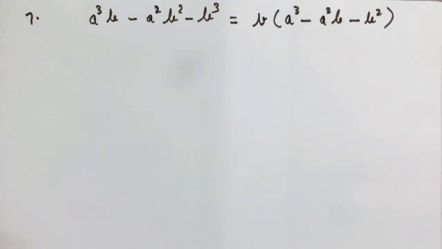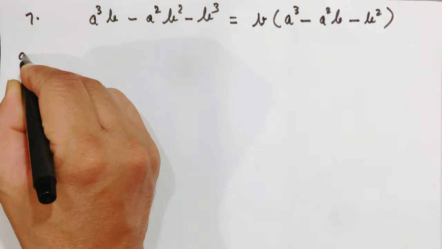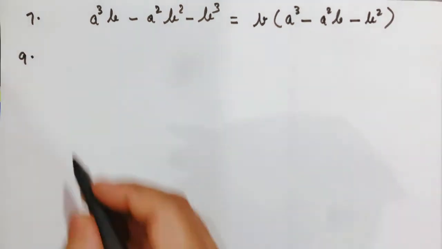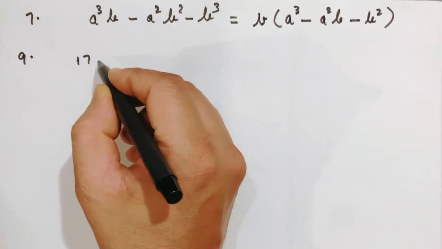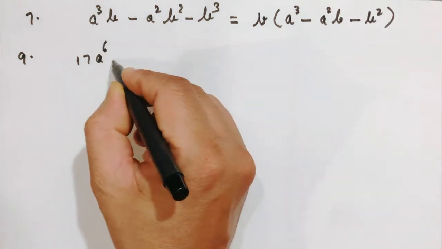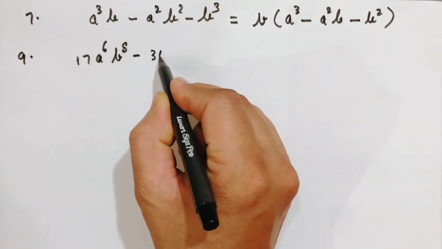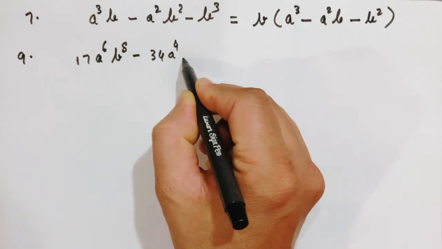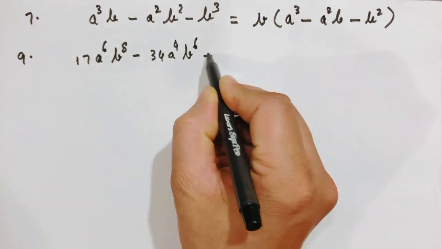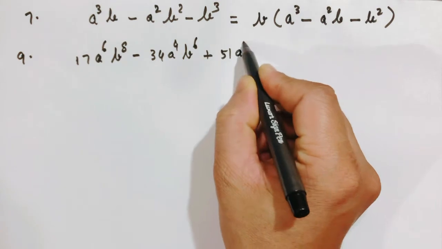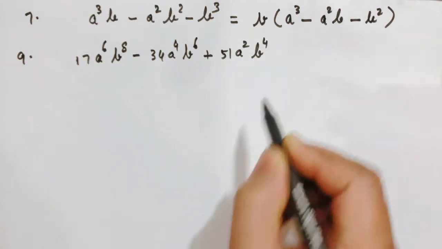Let's increase our level to number 9. Okay, number 9, not 8. 17a to the power 6 b to the power 8 minus 34a to the power 4 b to the power 6 plus 51a square b to the power 4.